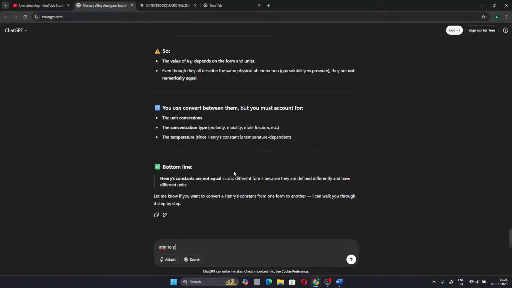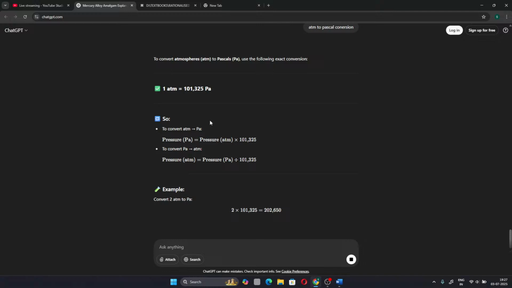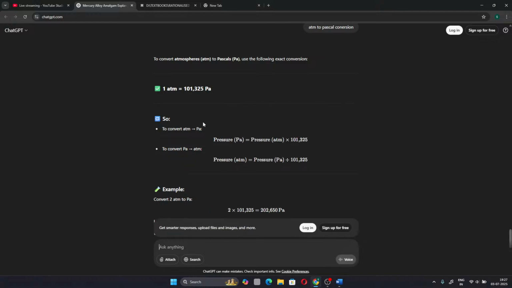For the atm to pascal conversion, as I said before, it is 1.01 into 10 power 5. And I got confused by the values.